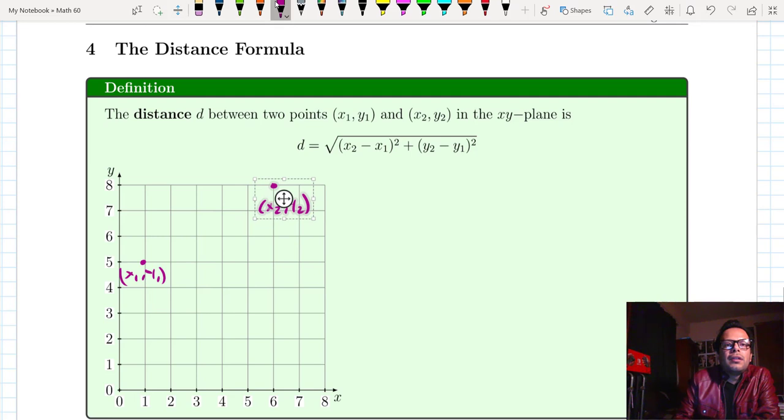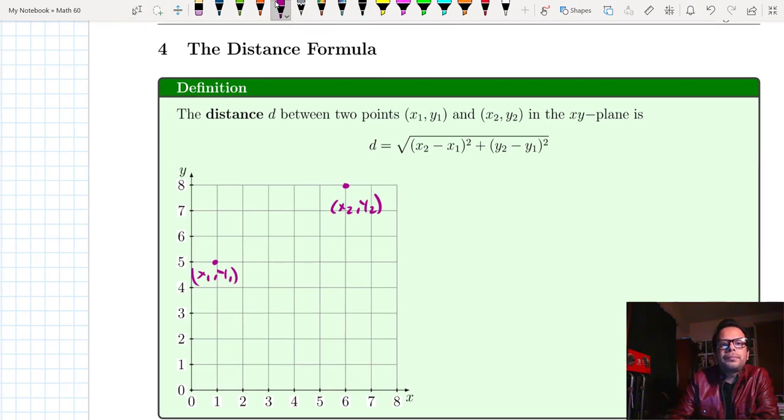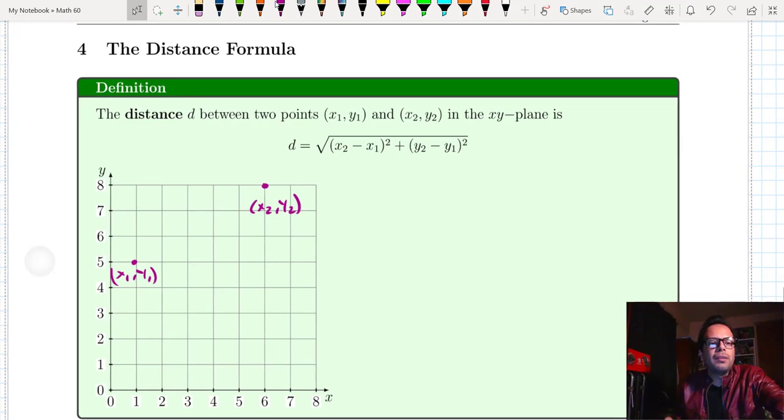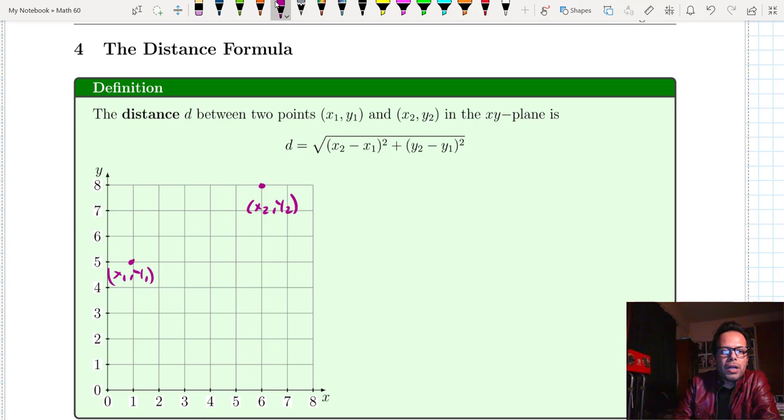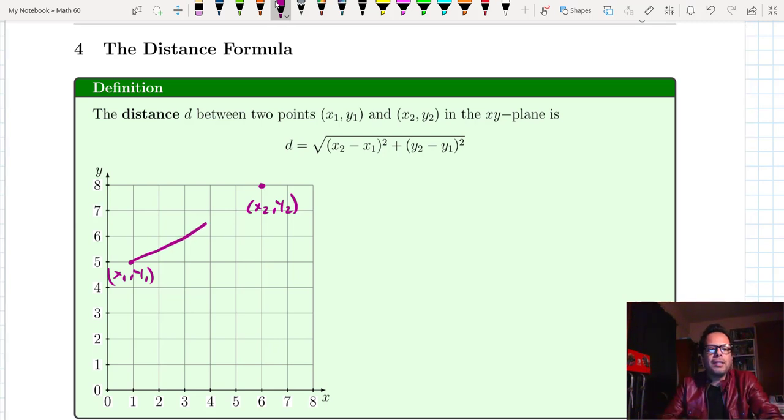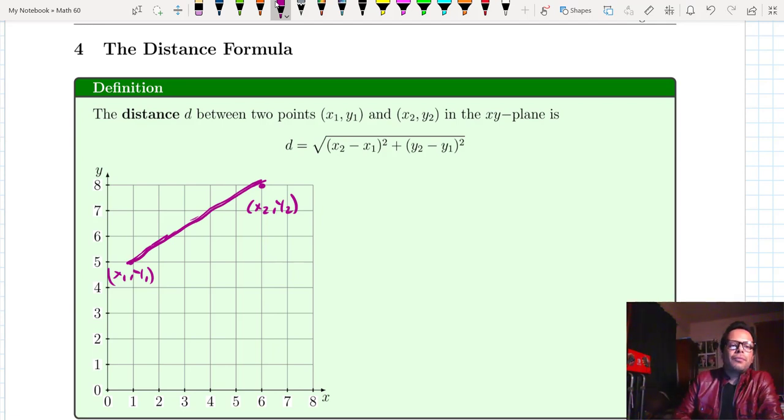So if we draw a linear segment containing the points, we should get something like this. We're going to look for this distance d, which is denoted right here.